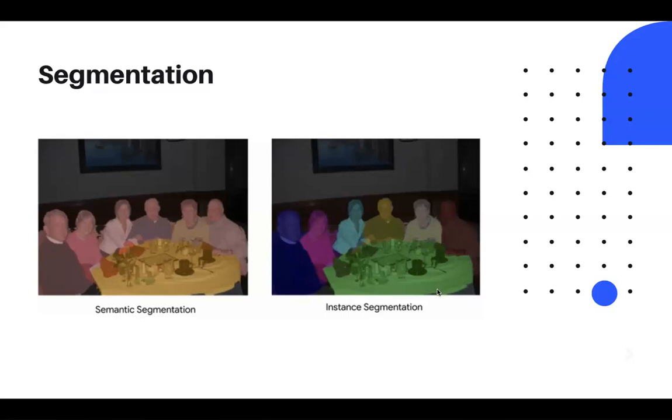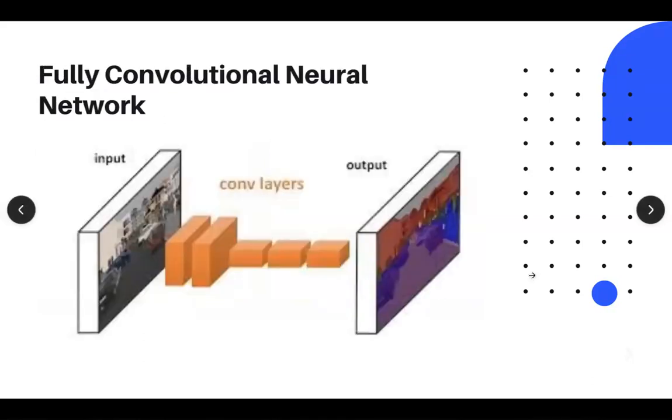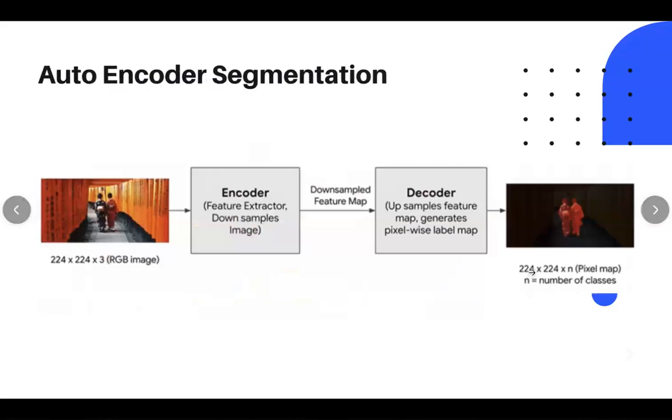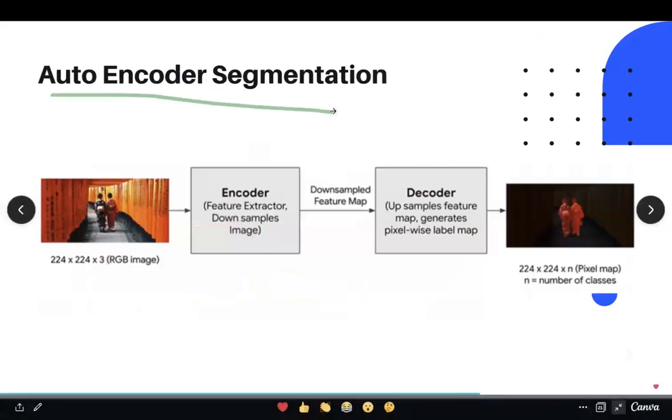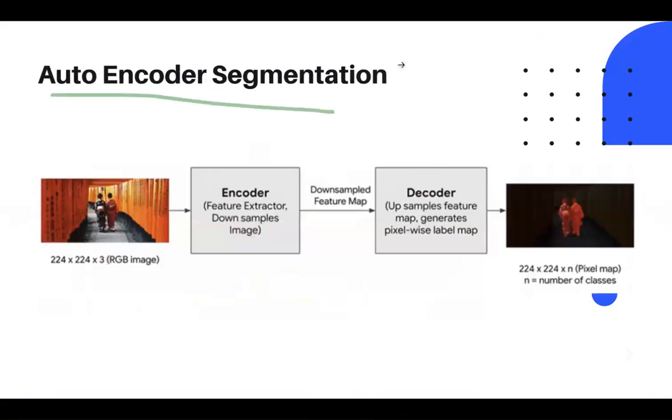So we will first start with semantic segmentation, and the first architecture for semantic segmentation, of course, is autoencoder segmentation. So the basic model that we have been working with so far. Remember, you take this image, put it in, I don't know, Supervisely or Roboflow, and you will be doing the segmentation manually like this, segmenting all of the borders for these two people, and they are all of the same class, right?